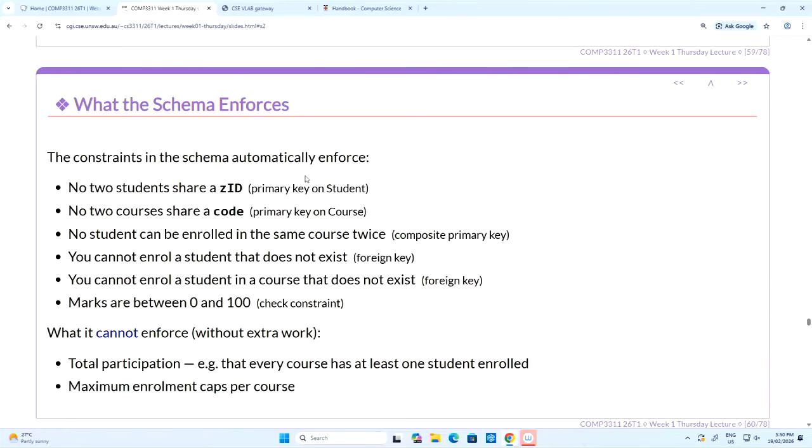And another thing that the database often complains about is a violation of referential integrity.